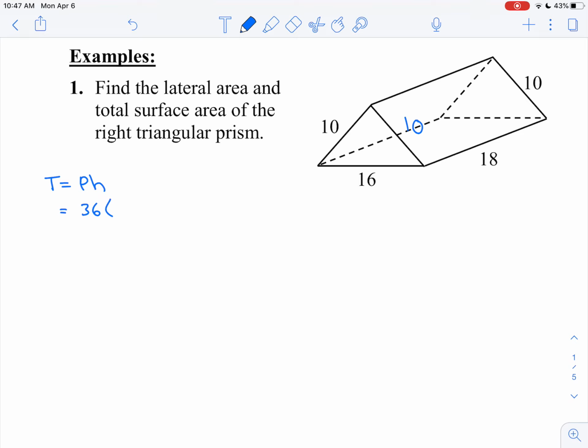In this formula, the H is the height of the prism, which is the distance between the congruent parallel polygonal bases. So in this case, that's going to be the 18. You may need to grab that calculator. And so now we have 36 times 18, and so we have 648. They'd be square units, but there's no units here, so we'll pause there at 648.